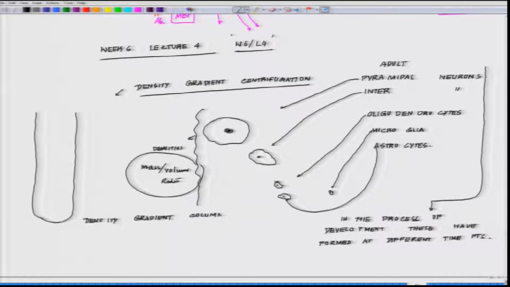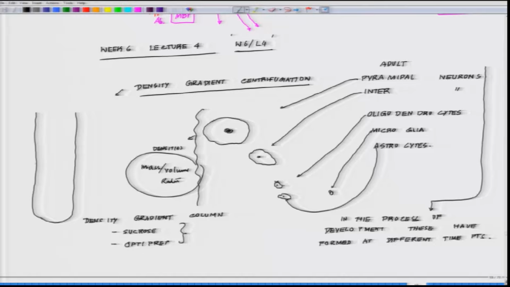You have some neutral liquid. It could be sucrose, it could be one of the new ones which have been used for the last 10 years, OptiPrep. There are several such molecules. Sucrose has certain issues with osmolarity as compared to OptiPrep, which is much easier to deal with.